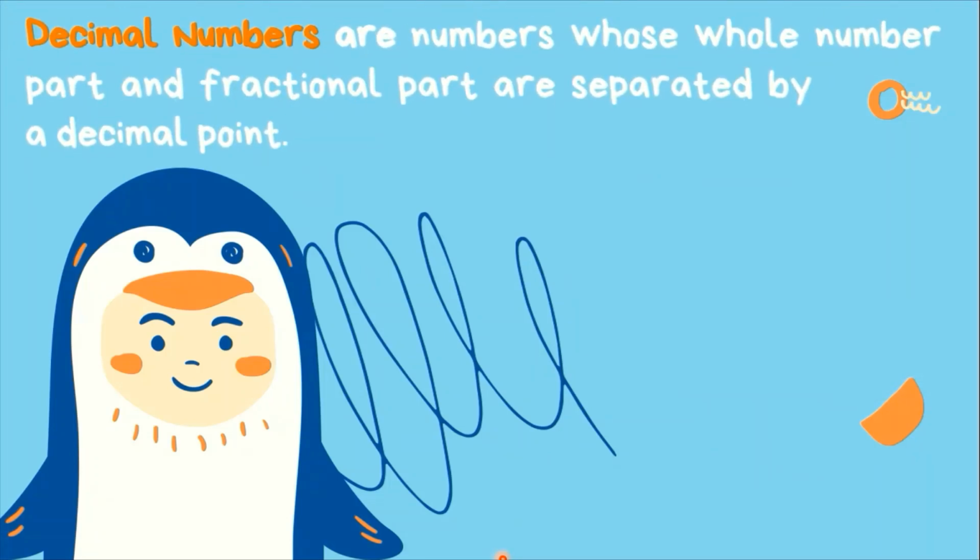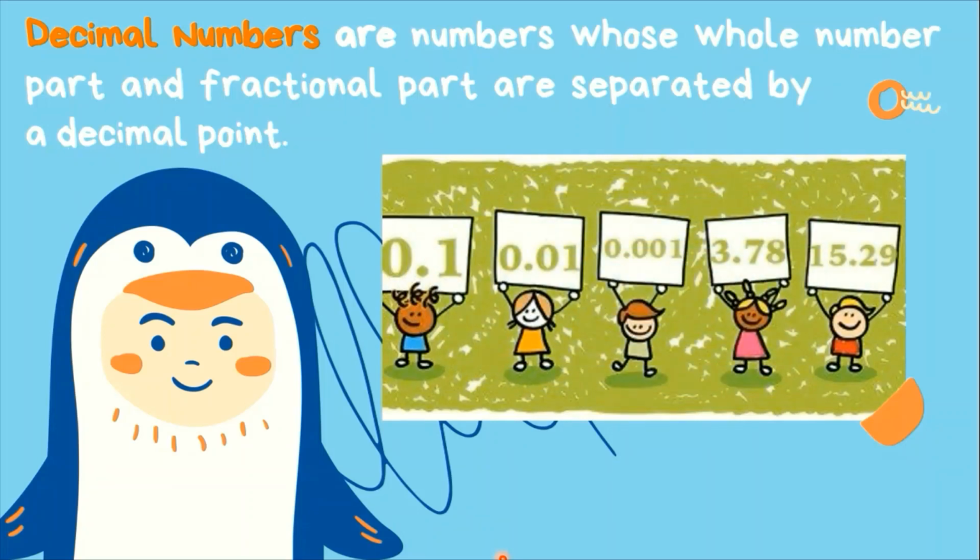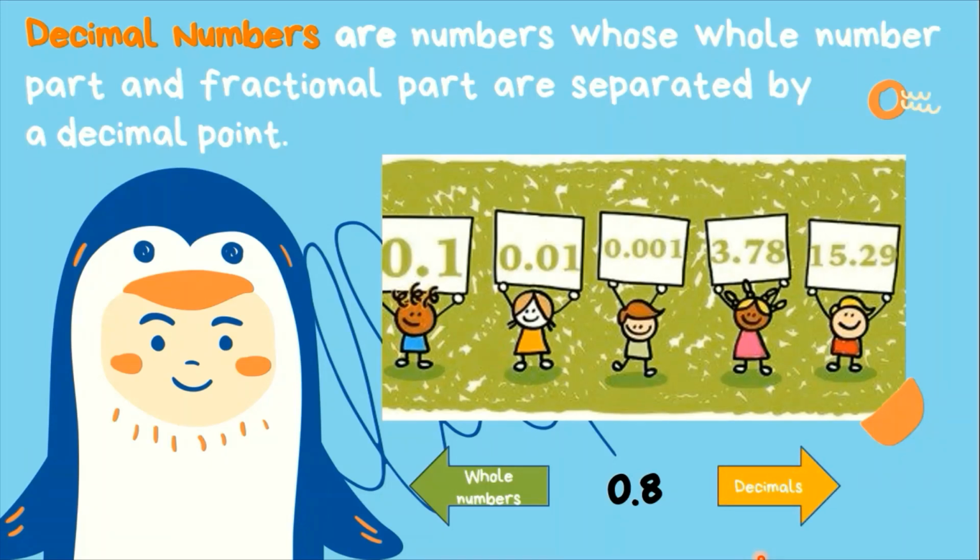Decimal numbers are numbers whose whole number part and fractional part are separated by a decimal point. These are some examples of decimal numbers. Kung meron tayong example na decimal na 0.8, lahat ng mga numbers na nasa kaliwa ay whole numbers, at lahat naman ng mga numbers na nasa kanan ay decimals.